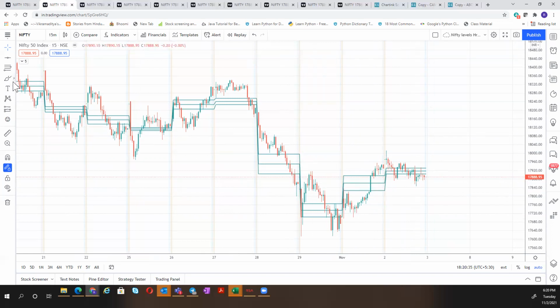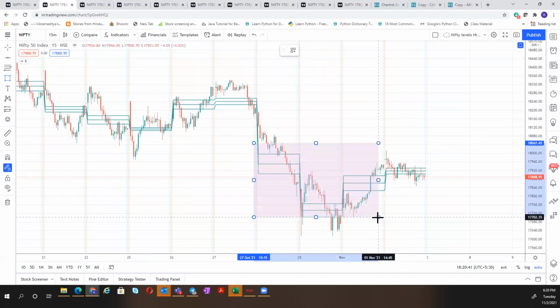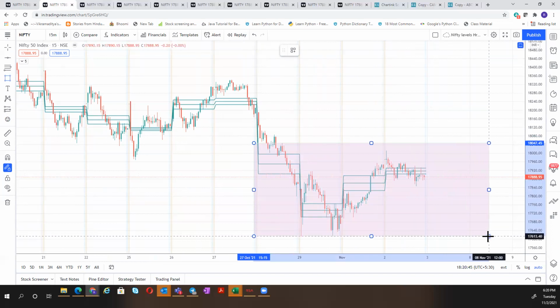And one more thing we need to keep a watch on is these levels. Consider this as an upside and downside range. We had a descending CPR after two big gap down or two big downtrend days. We are now having a small ascending CPR.